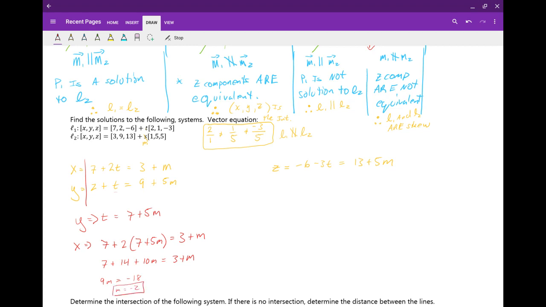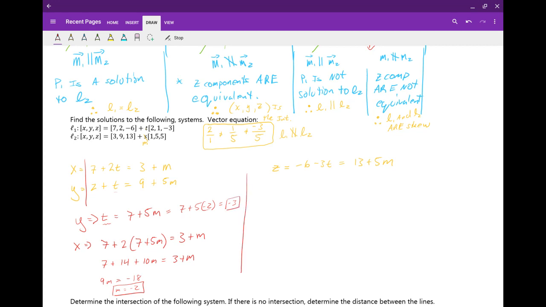Oh, that's nice. It worked out. And then what I'm going to do is I'm going to take this and I'm going to write 7 plus 5 times negative 2. And I'm going to discover that t is equal to 7 plus 5 plus negative 10. I'm getting a negative 3. Hopefully I got that right.